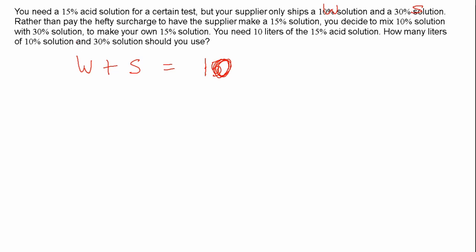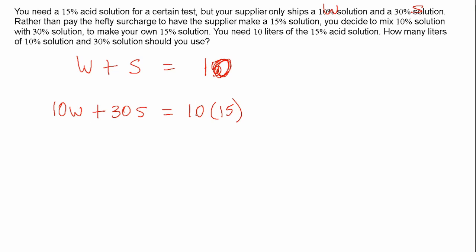Now let's add the percentages. We got 10% of the weak solution plus 30% of the strong solution is going to equal 10 liters times the 15% of the mixed solution.